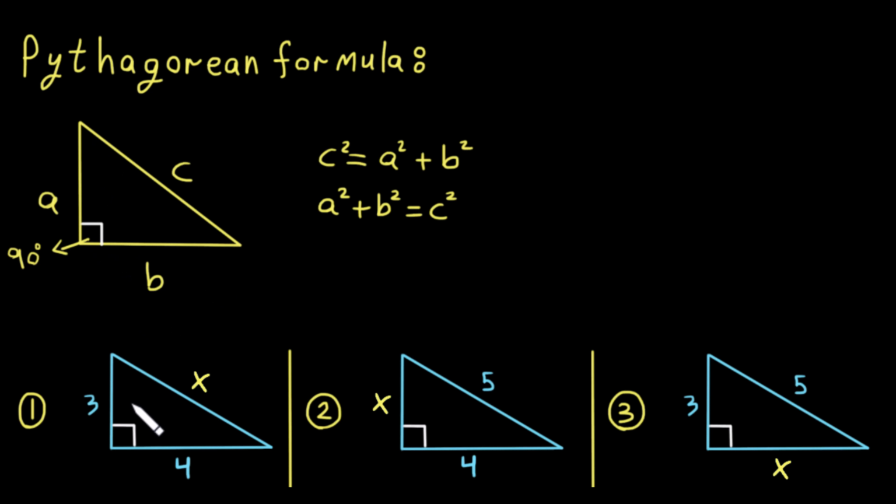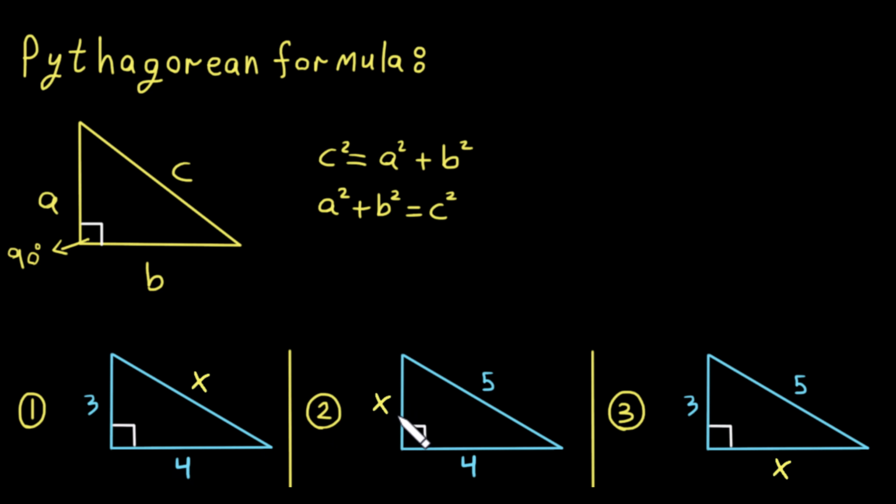We will look at these three examples that use the same set of side lengths, just in a different situation, to clearly show how to find any missing side. For example, here we want to find the hypotenuse x when they are giving this side, which is 3, and this side, it's 4.